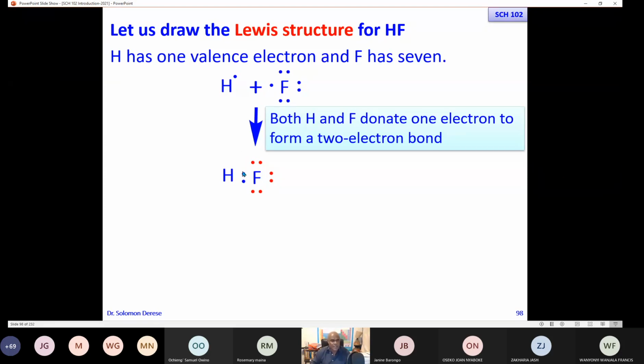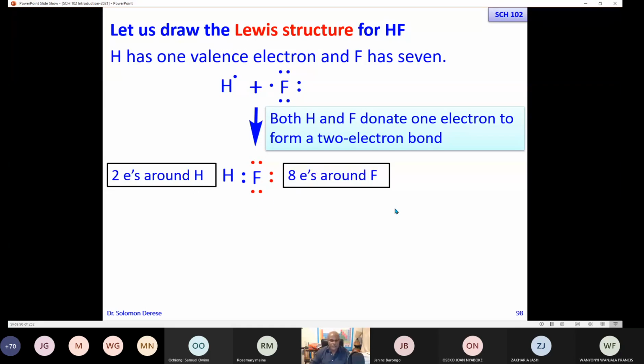Of course, a chemical bond between 2 elements is represented by a solid line. So in this particular case, we have 2 electrons around hydrogen and 8 electrons around fluorine. This solid line represents a single bond between the hydrogen and fluorine. This solid line represents 2 electrons.